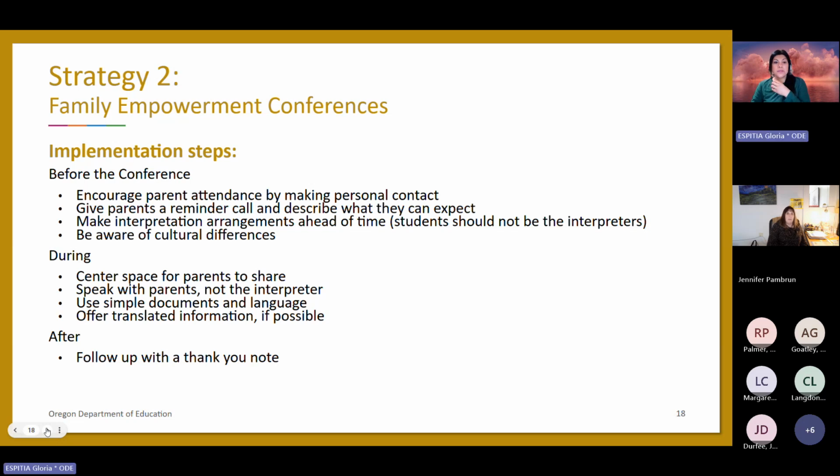The implementation for this will phase out into three spaces. First, before the conference, we want to ensure successful parent-teacher conferences with bilingual families.